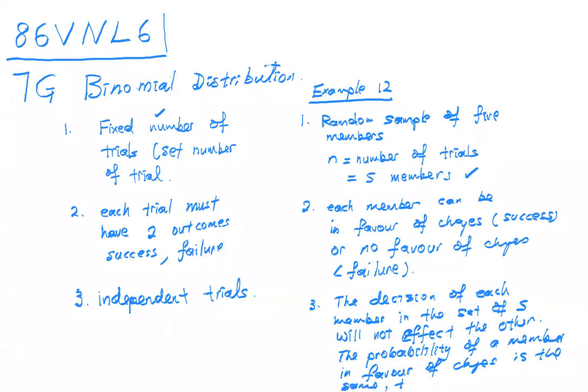That is 0.78. Are you clear? So they must fulfill these 3 criteria in order to be a binomial distribution.